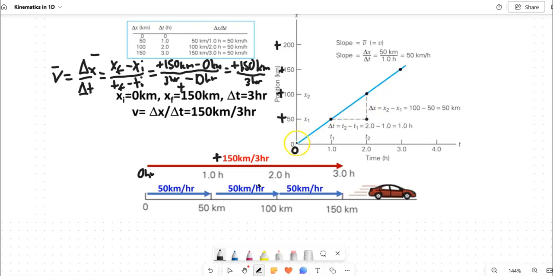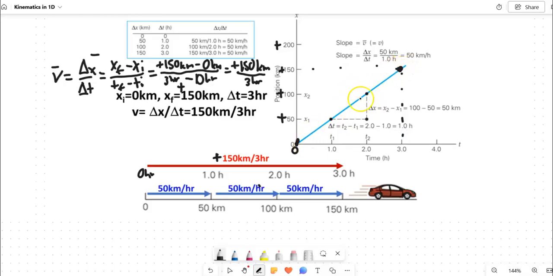So, slope in a position versus time graph represents velocity. We started out at 0 hours and 0 kilometers. We ended at a positive 150 kilometers, and it took you 3 hours to do that.